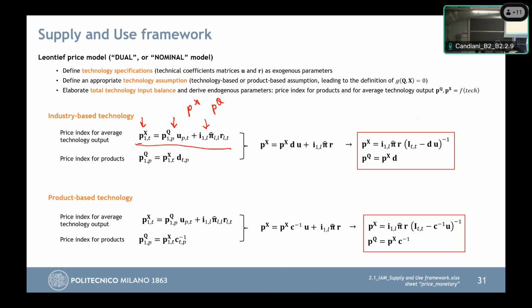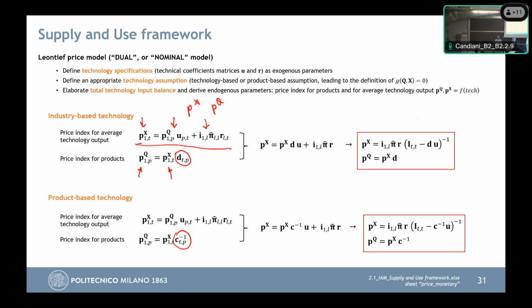And then you can link the prices of products to the prices of activity by means of the usual matrices D and the inverse of C. So again, prices can also be calculated and are affected, in the same way as in the primal model, by the assumption that we are making, industry-based or product-based technology assumption. Okay, forget about this.